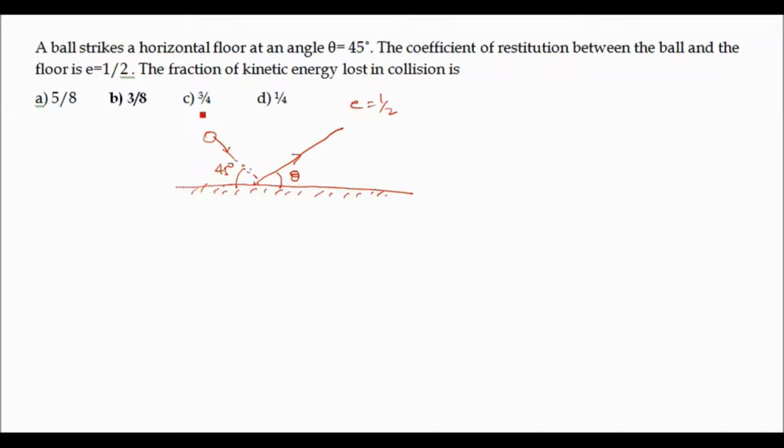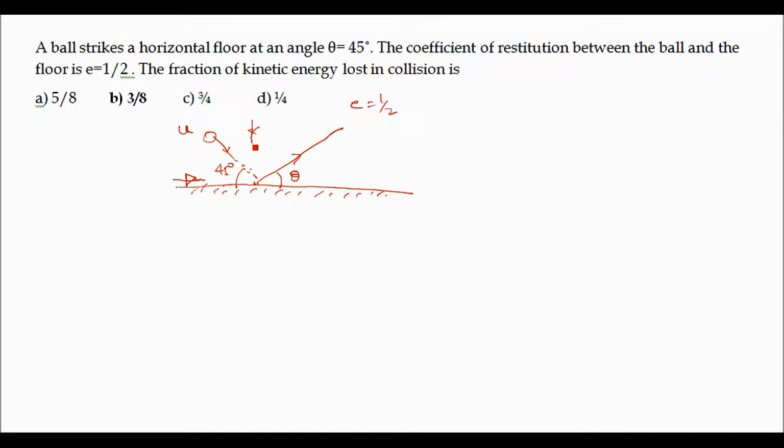So let's assume that the initial velocity will be u. So u will be the velocity before collision. The velocity before collision may be divided into two components. One is the component along the floor or in the horizontal direction, and the other component is the velocity component which moves perpendicular to the floor.